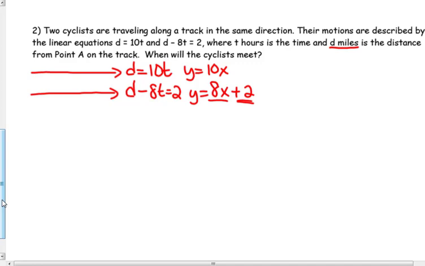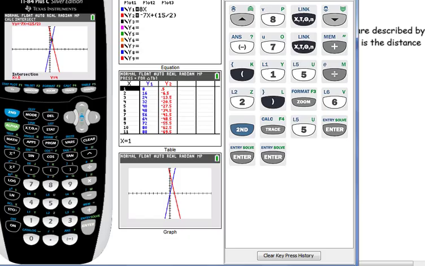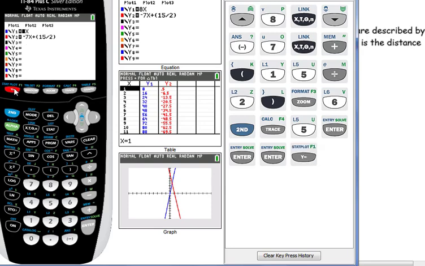So putting my equations, y equals 10x and y equals 8x plus 2, into the graphing calculator again, I go into my y equals. I'm just going to write right over the top of the first one, y equals 10x.